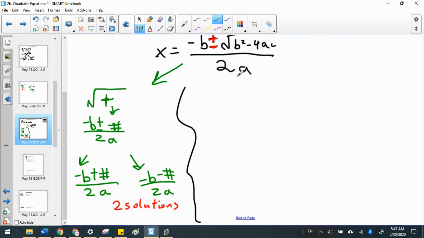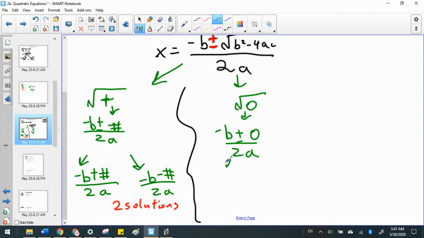An alternative situation that can happen from b squared minus 4ac is that you end up with a 0 inside the square root. And if you end up with a 0 inside the square root, then the result of that is obviously going to be 0.